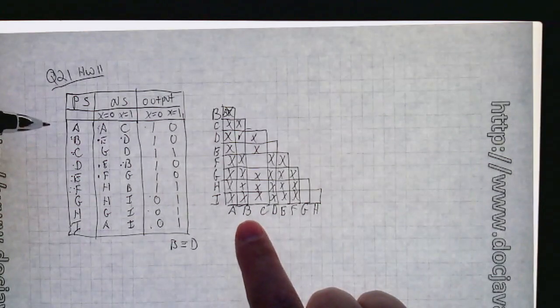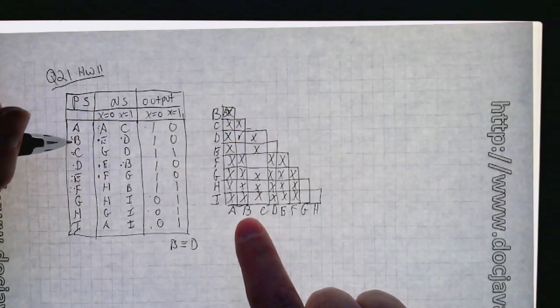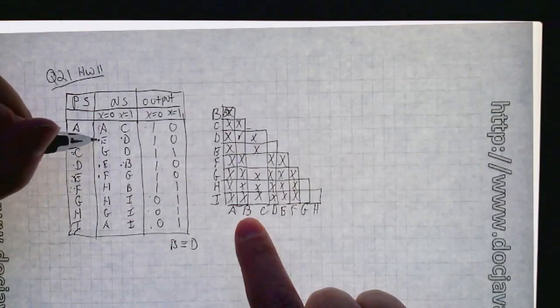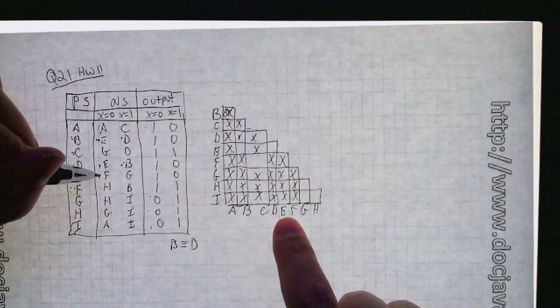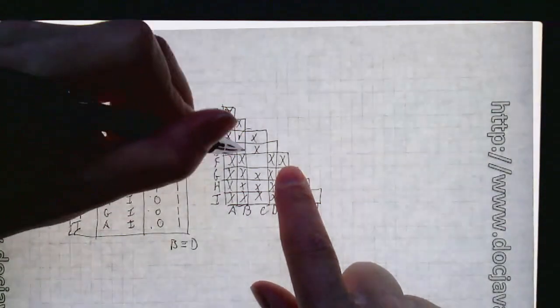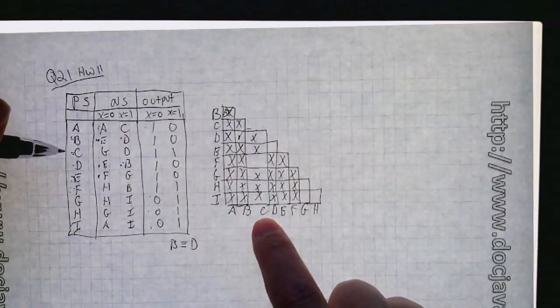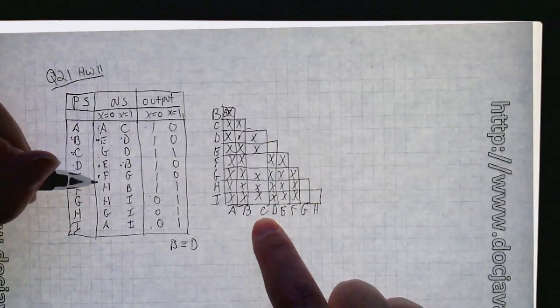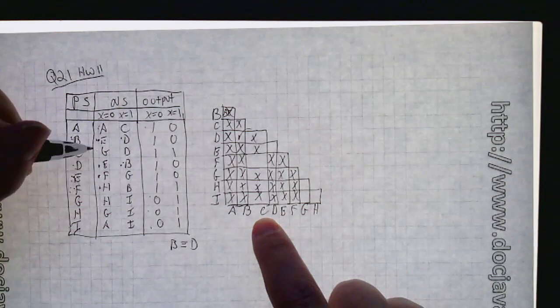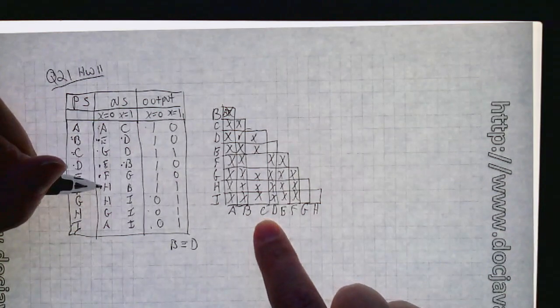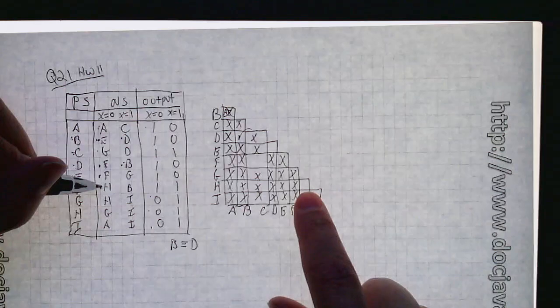Let's take a look at B and E. B is equal to E if E equals F. Here's E. There's F. It's got an X in it, so that's no good. C is equivalent to F if G is equivalent to H. Here's G. There's H. We don't know about that.